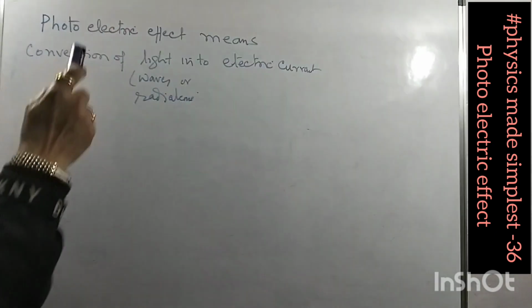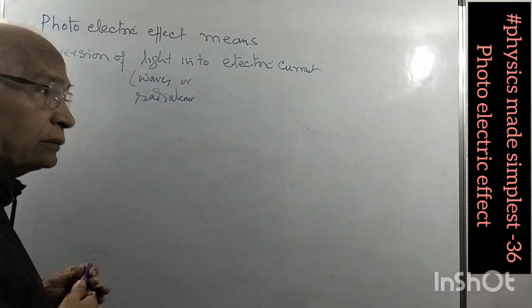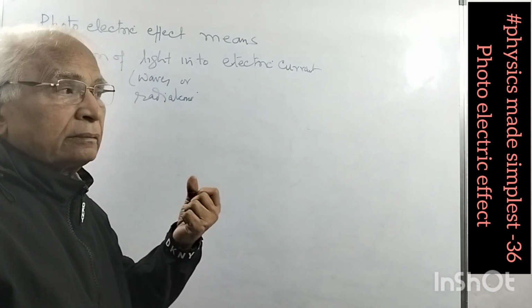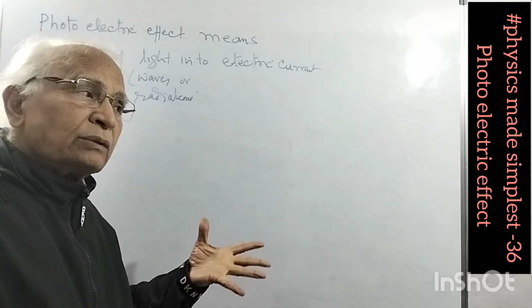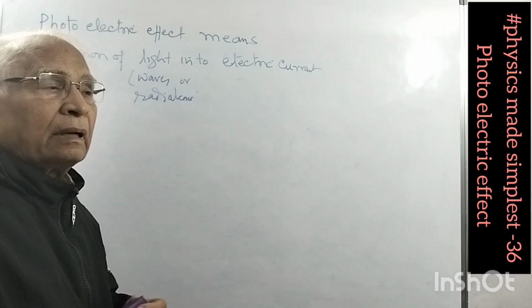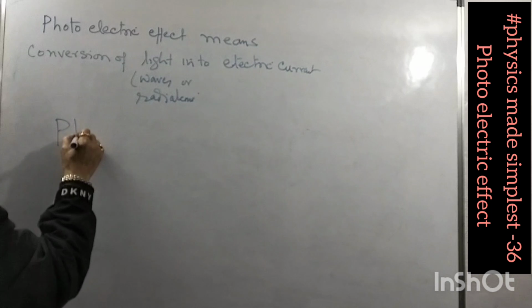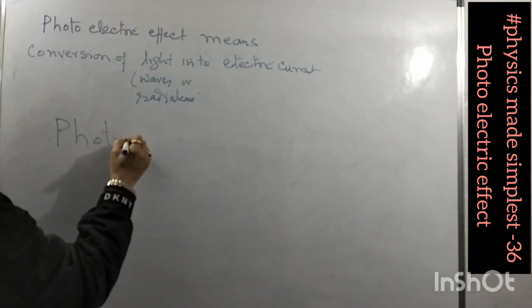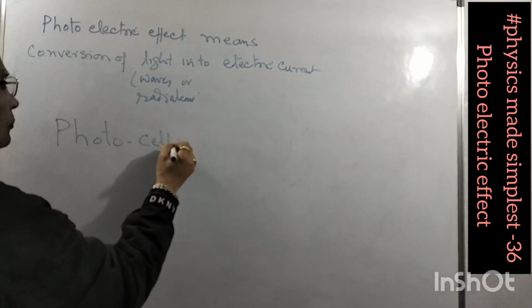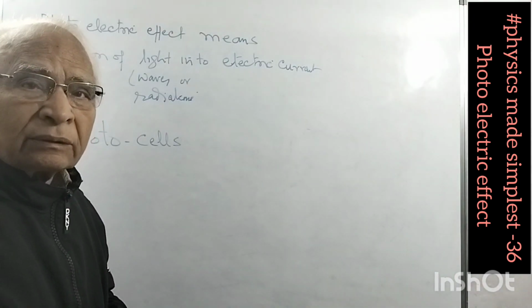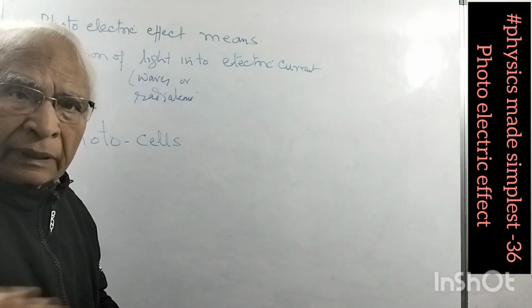But this has a very important application because you can convert photons. All the electronic systems like TV sets, etc., we are using this. You can say photocells mean photon converted into electron current.